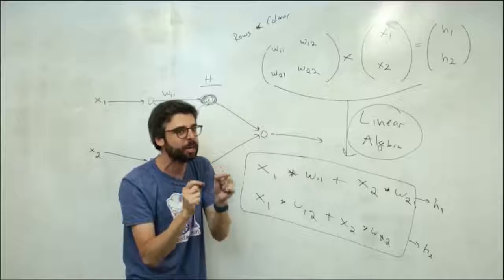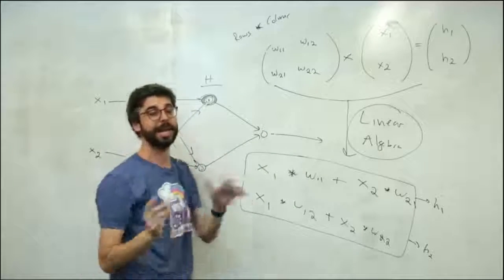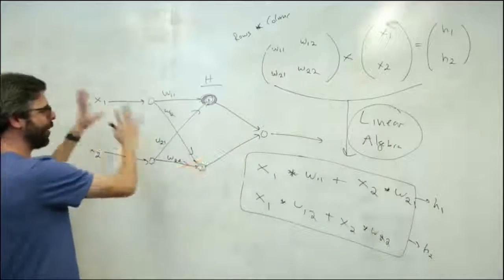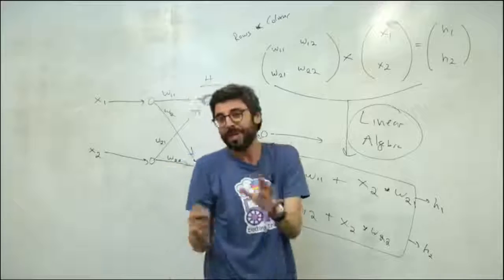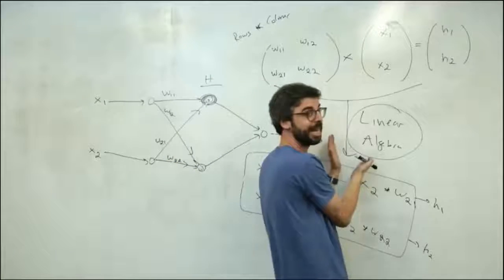And later, we're also going to go backwards through the network to tweak values and train it, and we're also going to use the same matrix math. So this is why it's useful to work with this idea of linear algebra, although we can kind of do it without it.